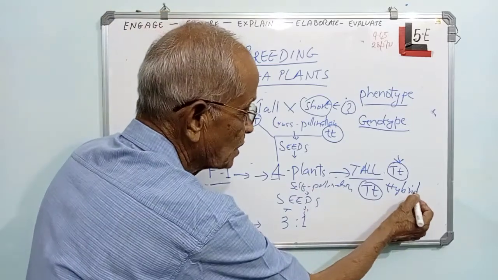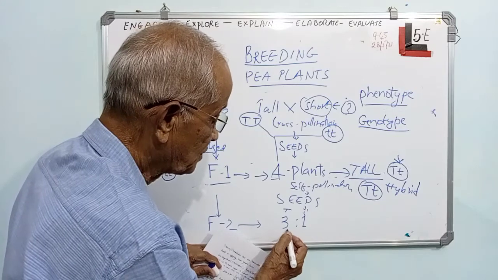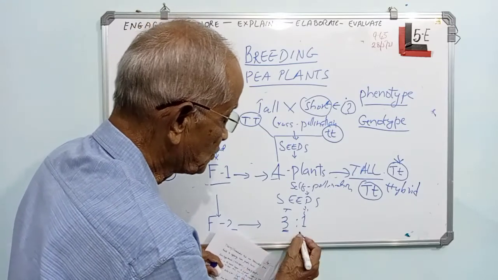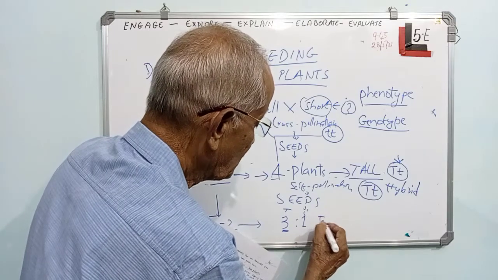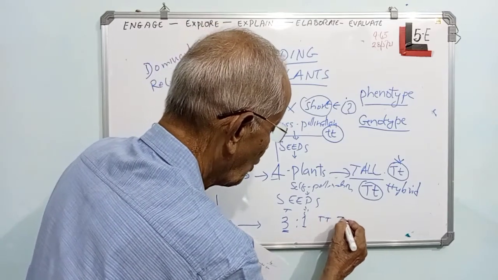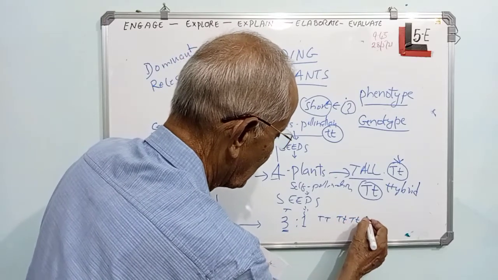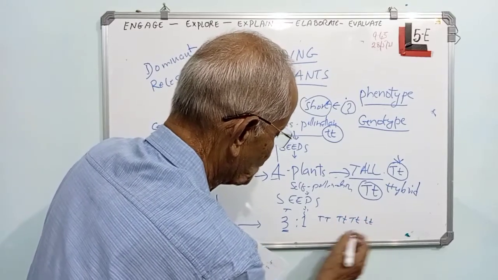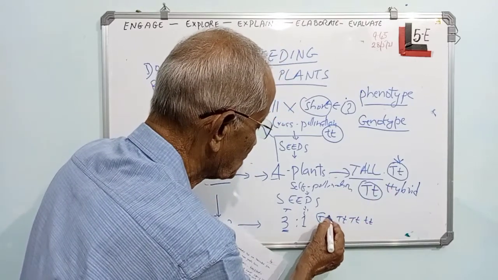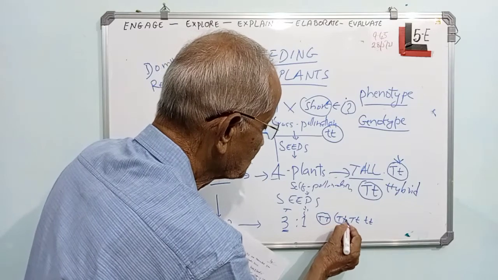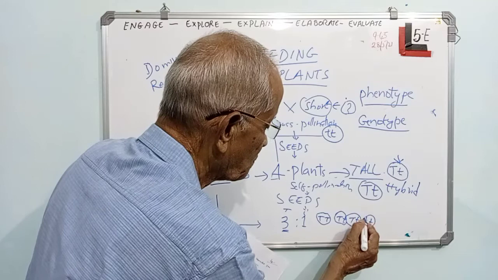When hybrids are self-pollinated, then we get 3 tall. When these were examined genotypically, of the 4 plants, 1 is pure tall, 1 is hybrid, the third is hybrid, and the 4th is pure short.